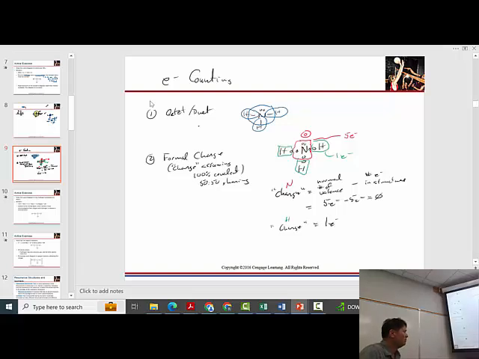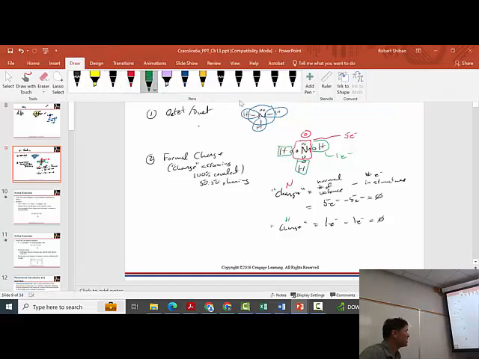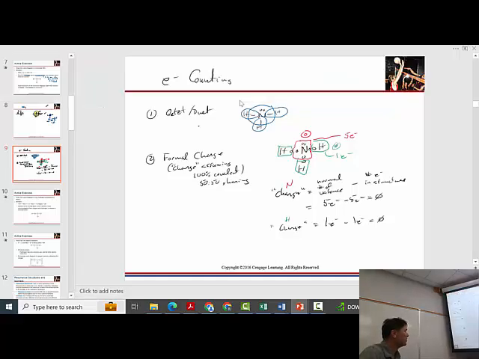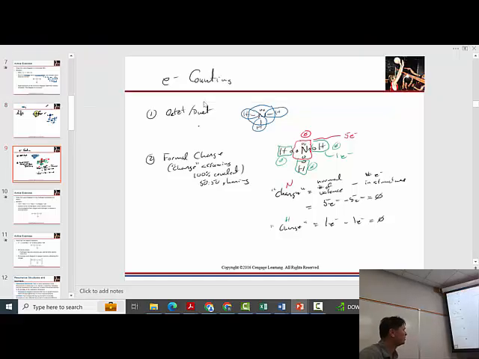Normal valence is 1. How many does it have in this structure? 1. And therefore its formal charge is 0. So each hydrogen has a 0 formal charge, and the nitrogen is a 0 formal charge. So usually the numbers are 0. Yeah, it's nicely balanced. A 0 formal charge is good.